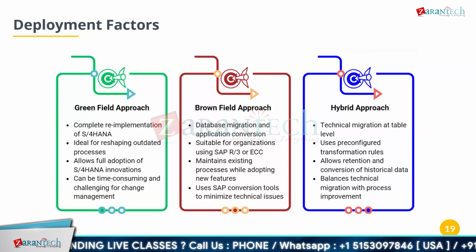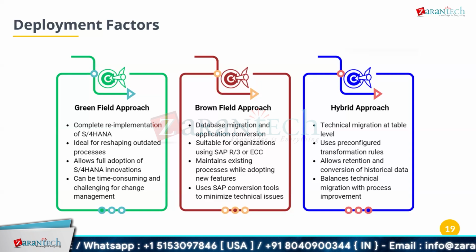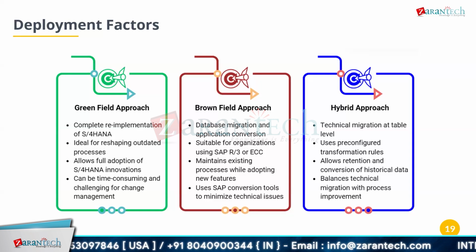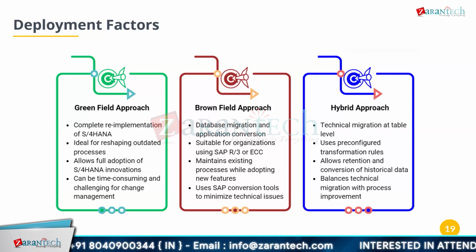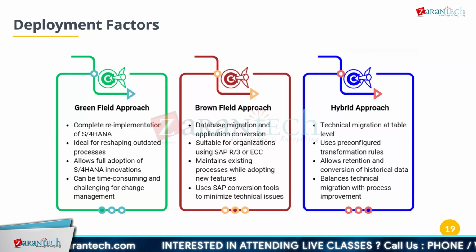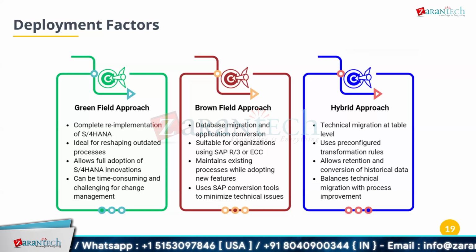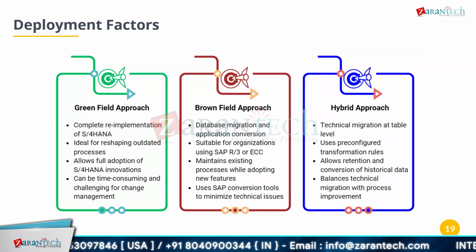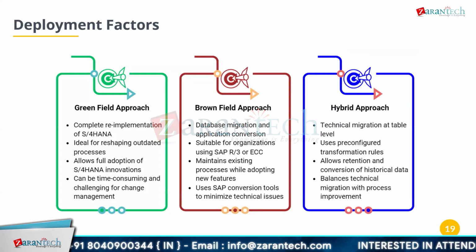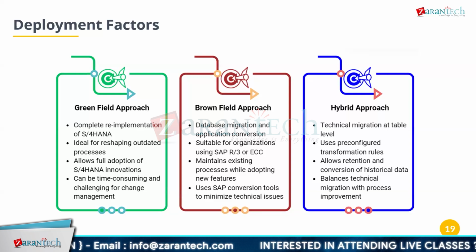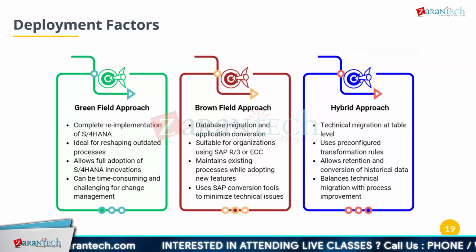Suppose your code is referring to a table, but that table is modified, some of the columns are not available, or the table itself is obsolete. In that case, your code doesn't work in S/4HANA. Exactly. Tables like EKKO, EKPO, VBAP, VBAK are very common tables and can be directly moved to S4, but some of the columns are still not available in S4, to improve standardization.